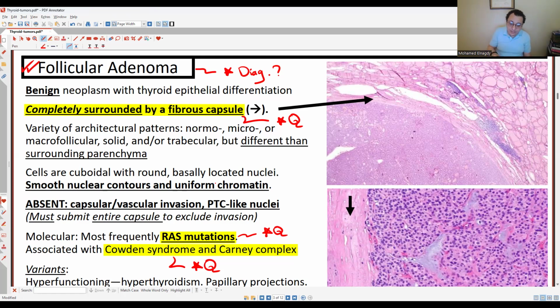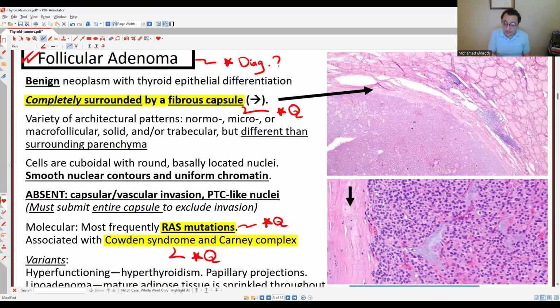We had a table yesterday about encapsulation and whether it's single or multiple. Now we are on the follicular adenoma side. Is it follicular adenoma or follicular carcinoma? That's what we are dealing with today.